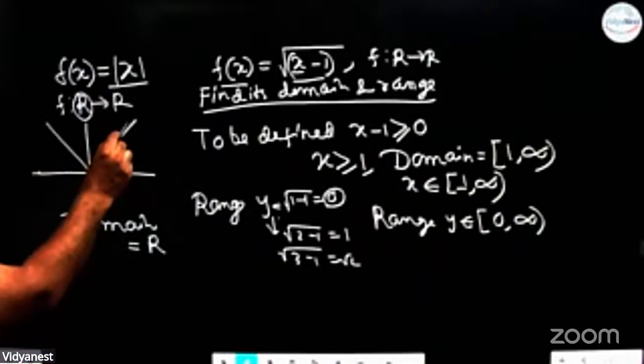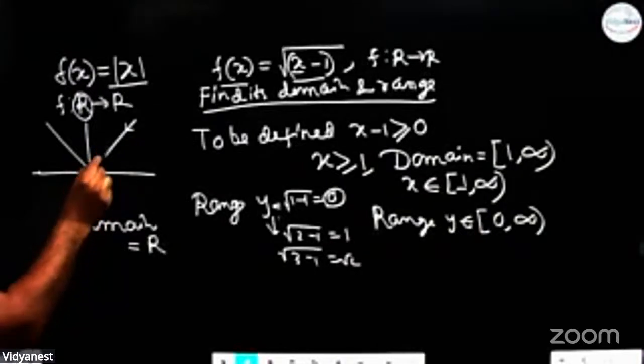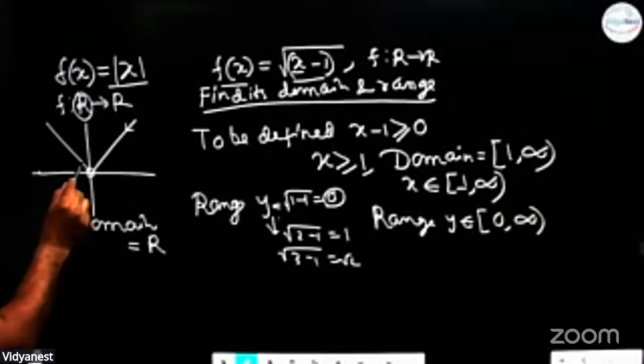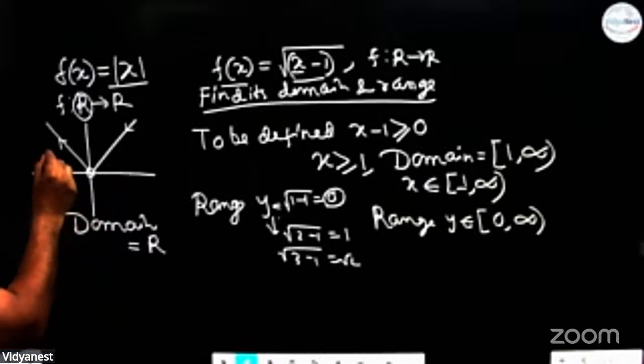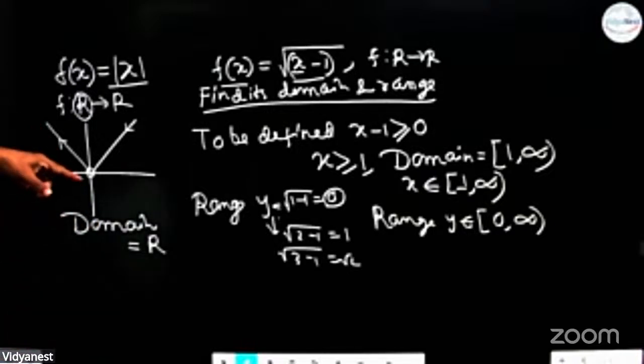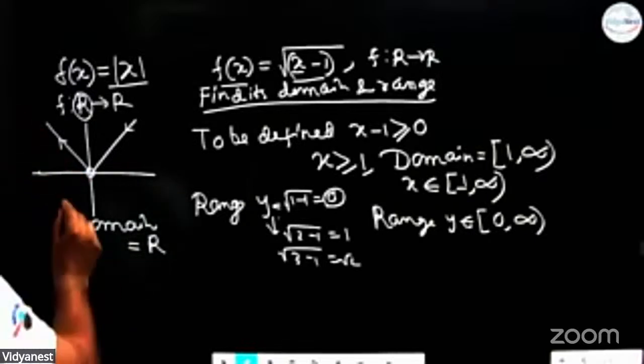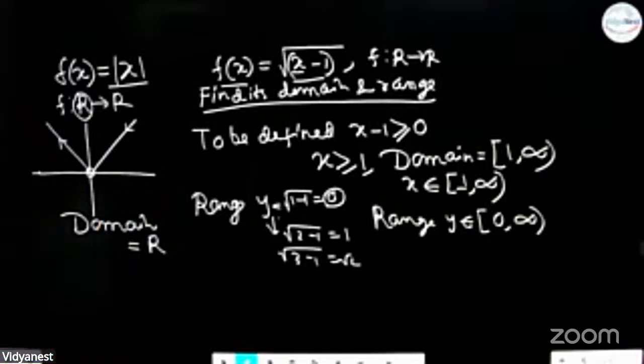If you see, the line is approaching the origin, and at the origin it bumped and got reflected at this point of symmetry. So the value of y cannot go below the x-axis. It will always remain above the x-axis.